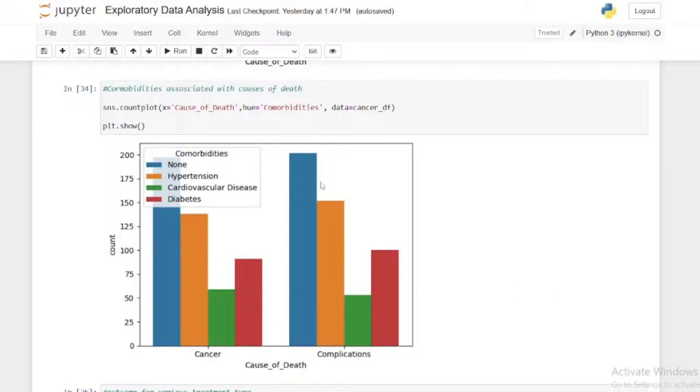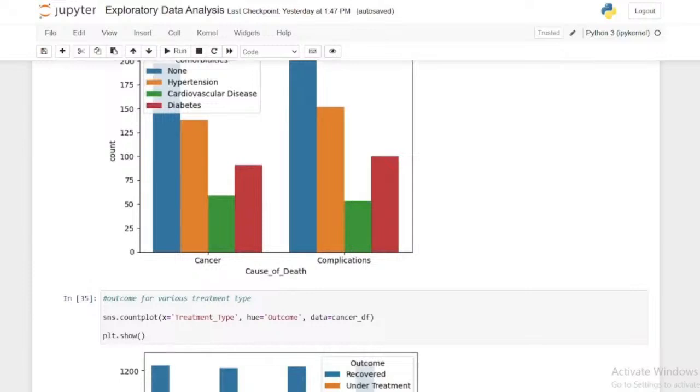So you can see the spread of the various comorbidities across the 2 different cause of death. More patients who died as a result of cancer had hypertension, while fewer had cardiovascular disease and diabetes as a comorbidity. Same thing for patients who died as a result of complications from cancer.